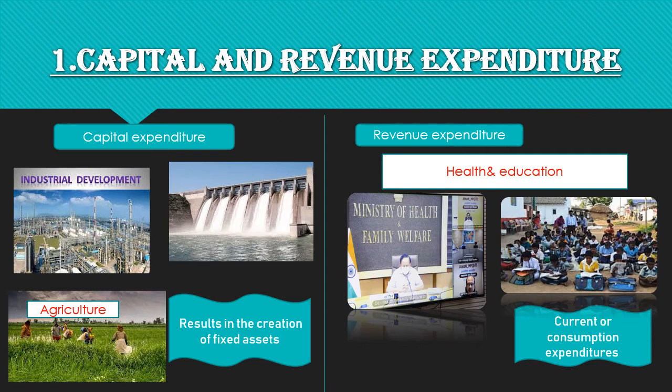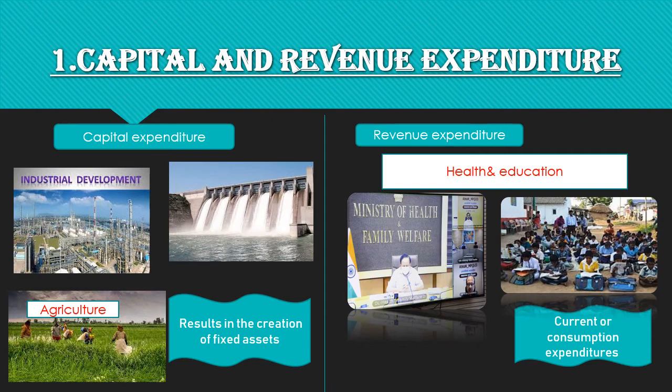Now we will move to the revenue expenditure, and it is obviously the opposite of capital expenditure. Revenue expenditure is that part of government expenditure that does not result in the creation of an asset. Payment of salaries, wages, pensions, subsidies, and interest fall in this category as revenue expenditure.